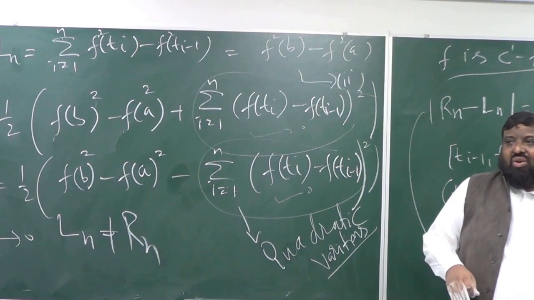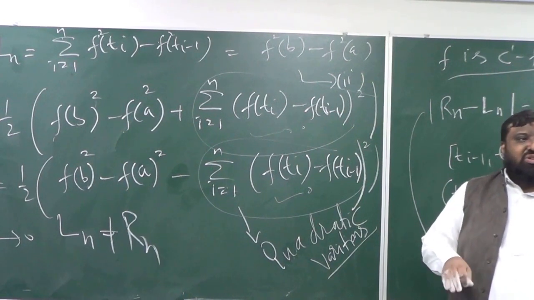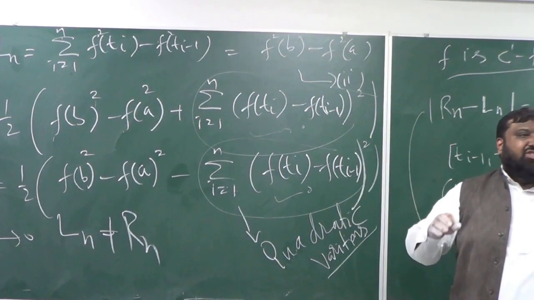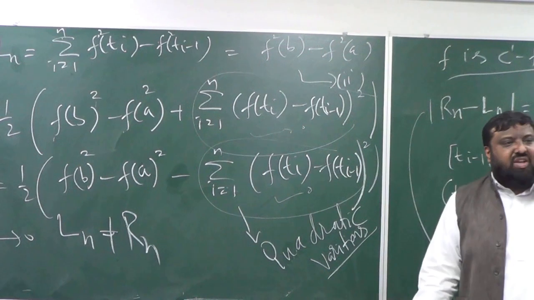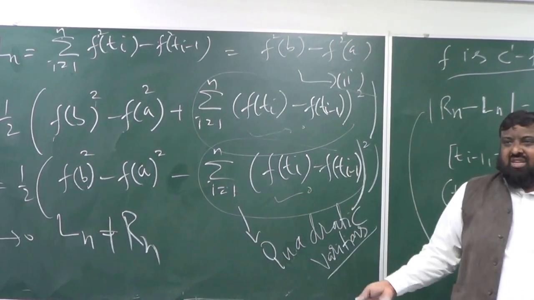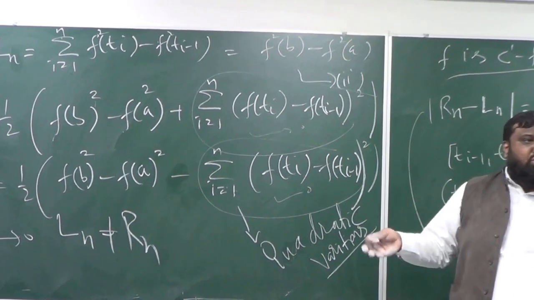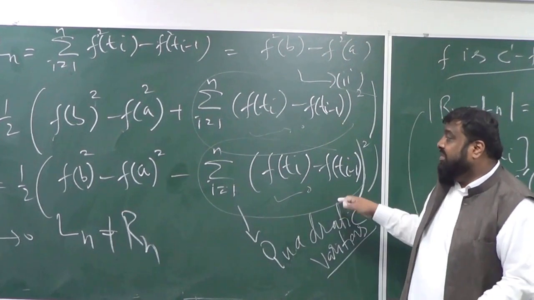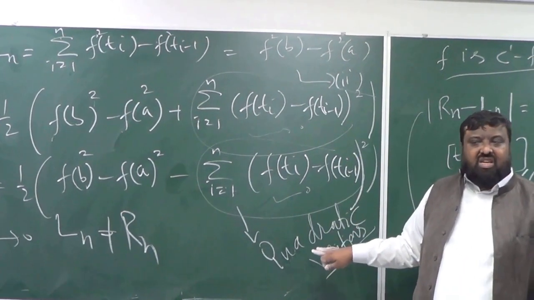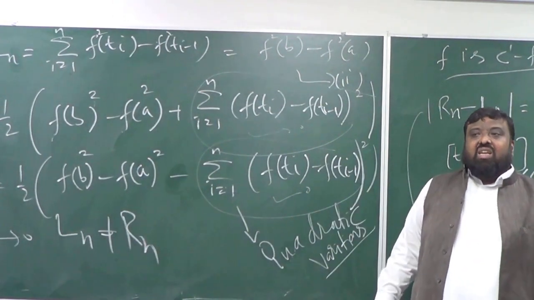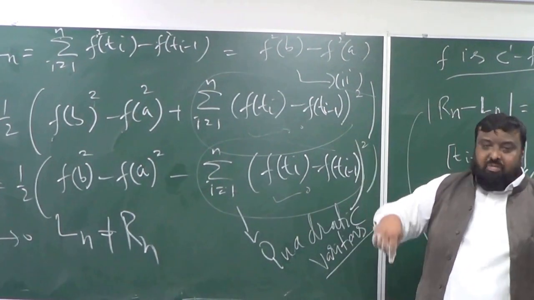It's not always necessarily going to have these nice properties. Though the kind of processes that we are going to deal with, as a key example, the Brownian motion, has both of these properties. So it has quadratic variation and it's continuous. But still this is not going to help.